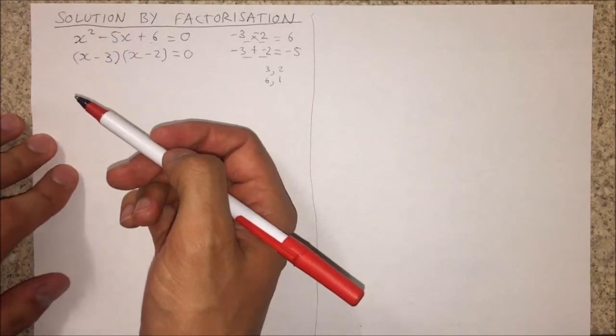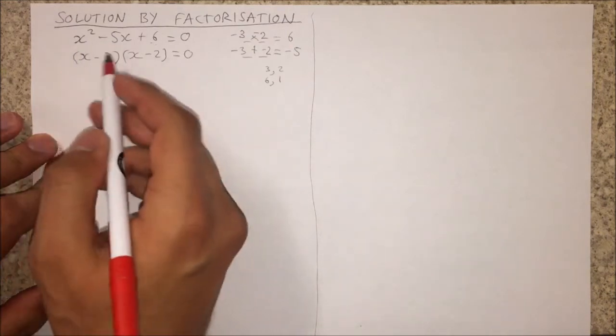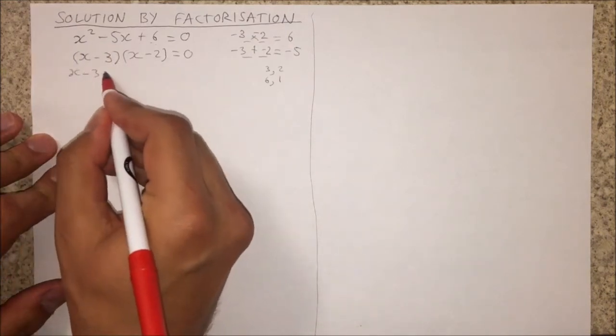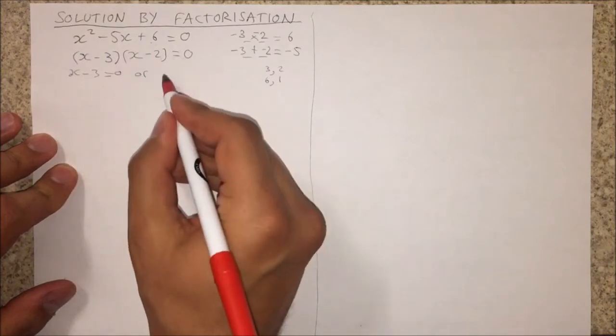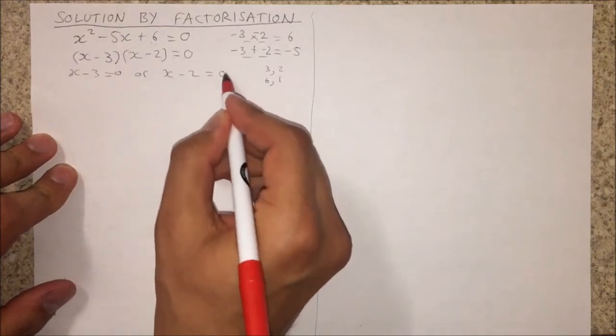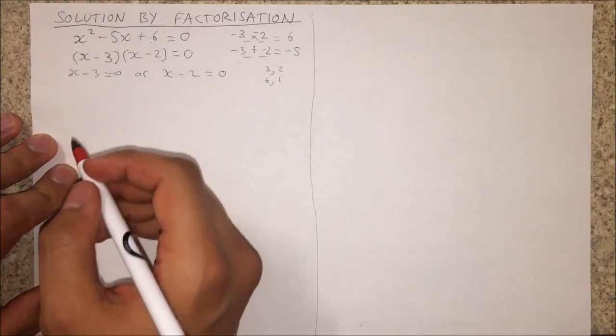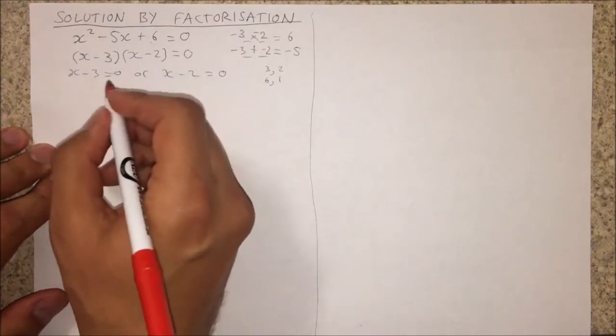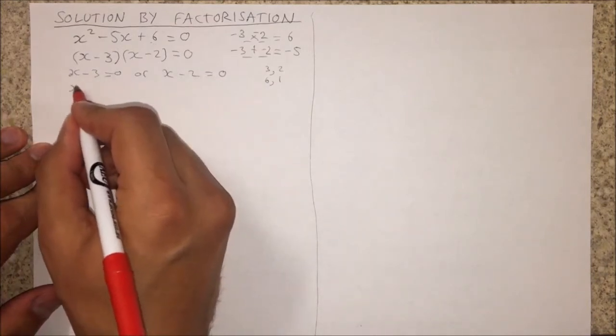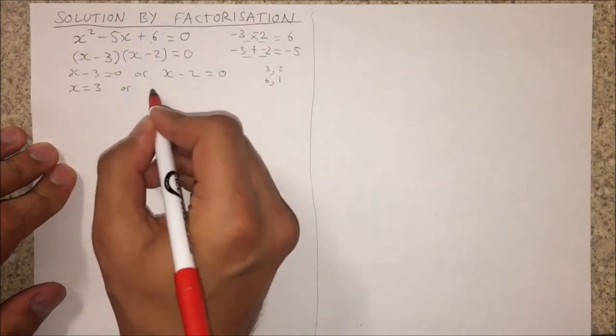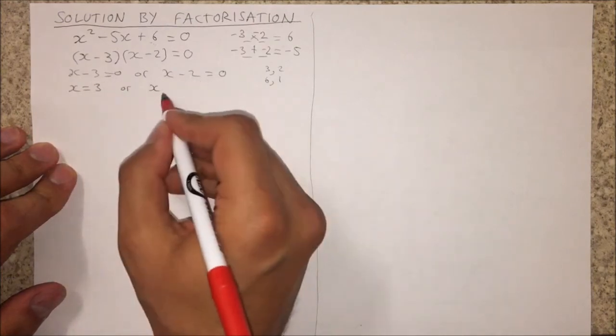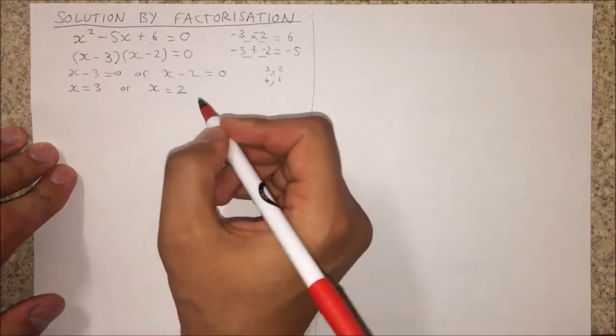Now, using the null factor law, either x take 3 is equal to 0, or x take 2 is equal to 0. Okay? So, solving these equations, adding 3 to both sides, we know that x equals 3, or x equals 2, if we add 2 to both sides.